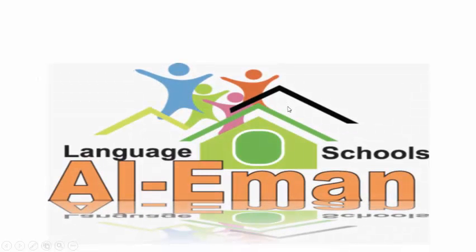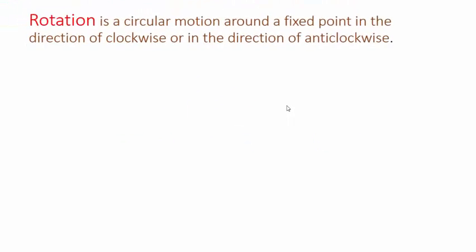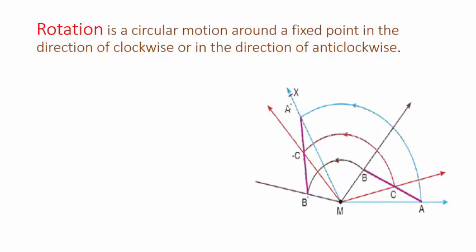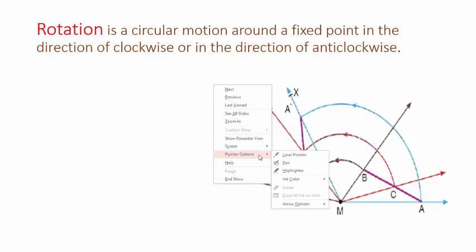Dear students at the Iman Language Schools, our lesson today is rotation. Lesson 8. Rotation is a circular motion around a fixed point, in the direction of clockwise or in the direction of anti-clockwise.